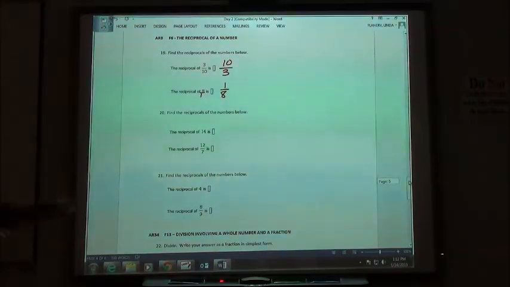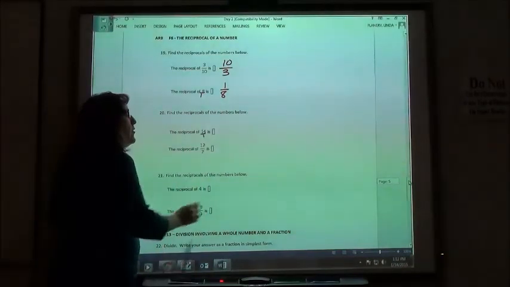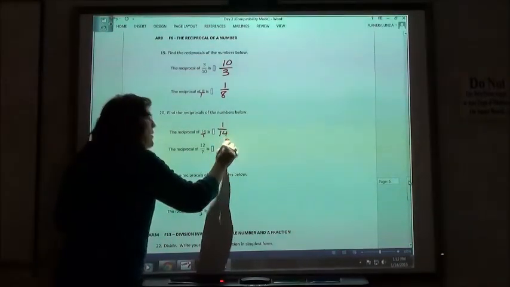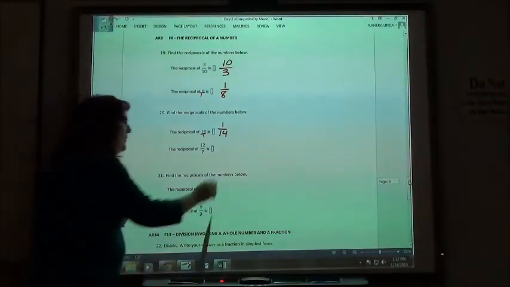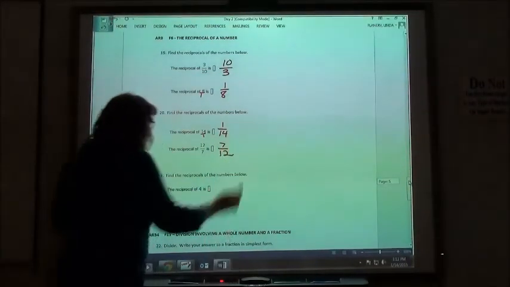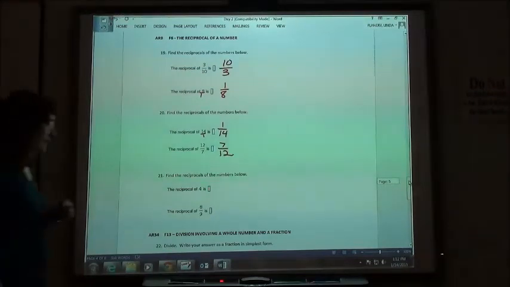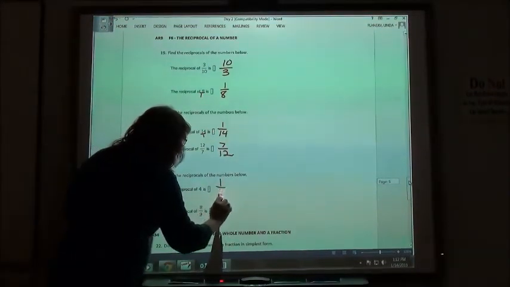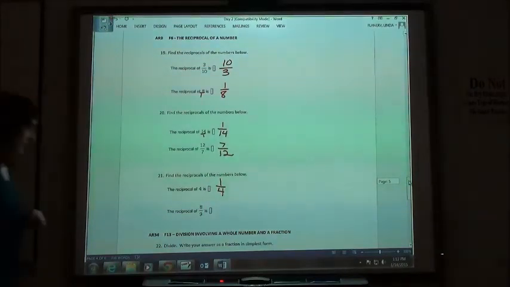So the reciprocal of 14, again, since that's a whole number, I would put it over 1 first, and then I flip it upside down, 1/14. The reciprocal of 12/7 would be 7/12. The reciprocal of 4 is 1/4. And the reciprocal of 8/9, 9/8.